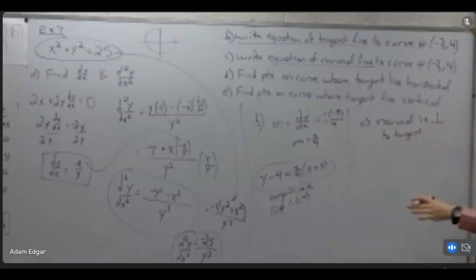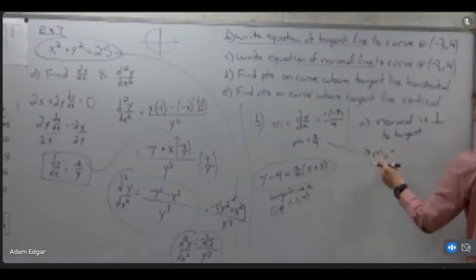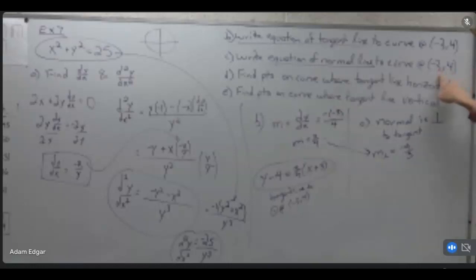Otherwise, everything's the same. So you already have the slope of the tangent line. Take that slope and make it perpendicular. So what's your perpendicular slope? Negative 4/3. And then you use that slope with the same point, because the normal line and tangent line will go through the same point, negative 3 comma 4, because we told you, go through negative 3 comma 4.